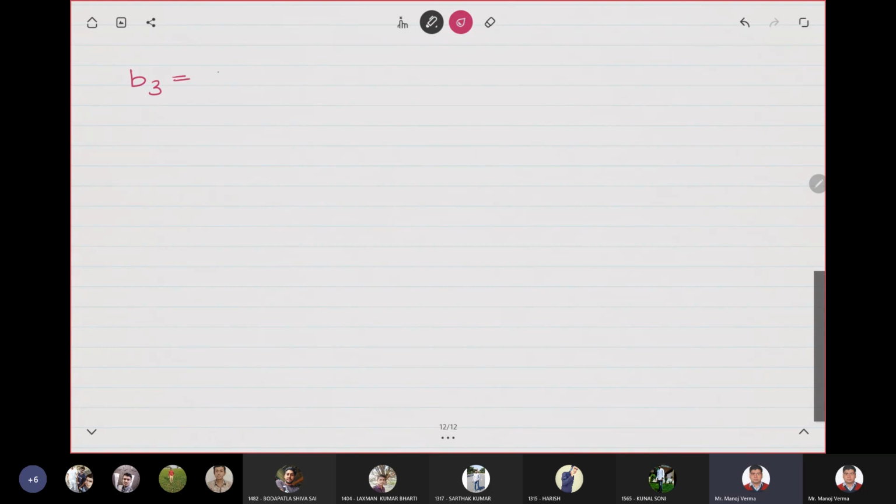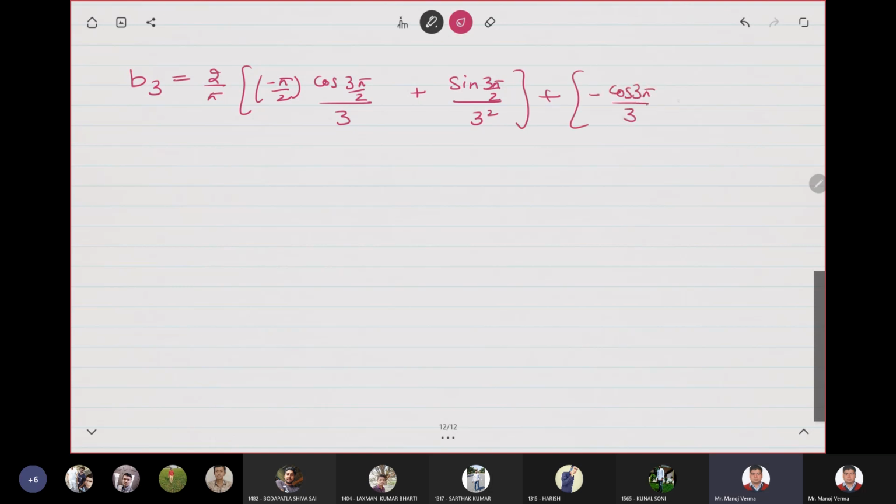Let's see, it will be 2 over pi, minus pi by 2 cos 3 pi by 2 divided by 3, plus sin 3 pi by 2 divided by 3 square, plus in the second expression minus cos 3 pi by 3 plus cos 3 pi by 2 by 3. In this case there was no square, if you remember.